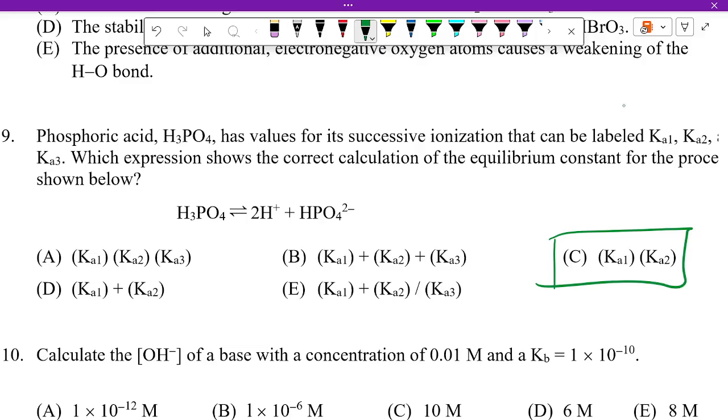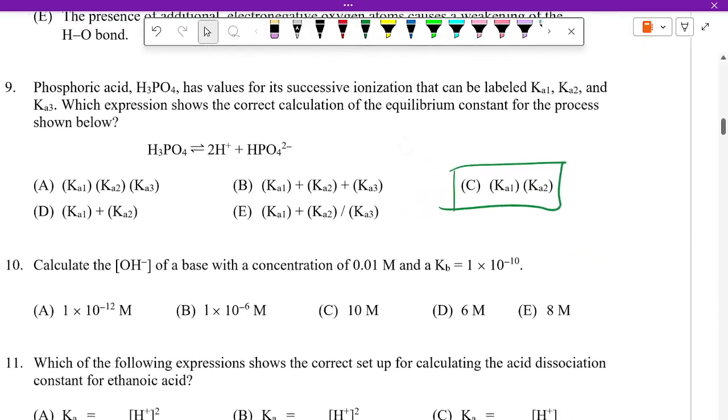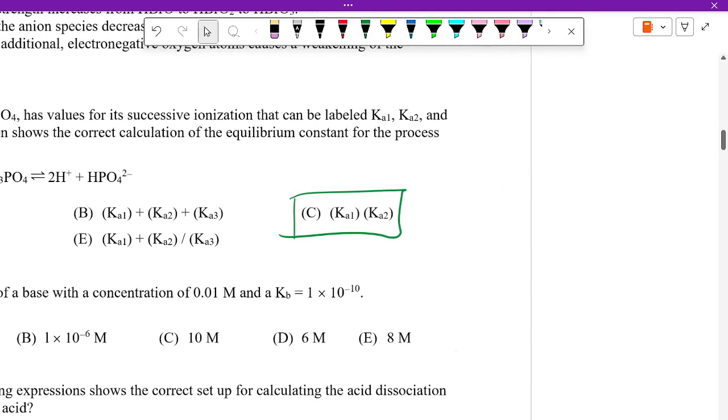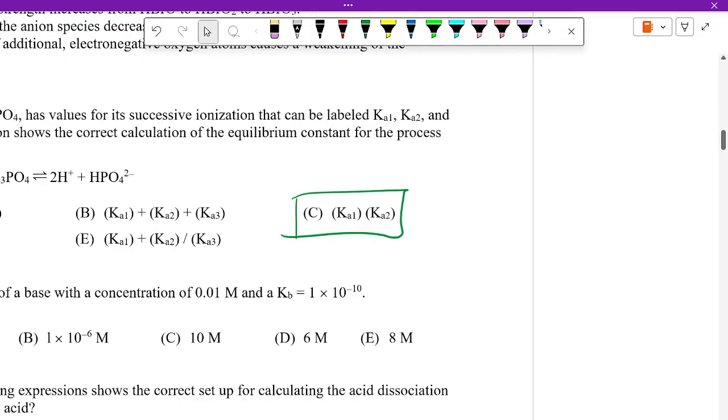All right. And number 10, calculate the concentration of hydroxide in a base with 0.1 molar and a Kb equals 1 times 10 to the negative 10. Because this is a multiple choice question, we don't really want to do a whole RICE and Kb kind of thing because that would take a long time.